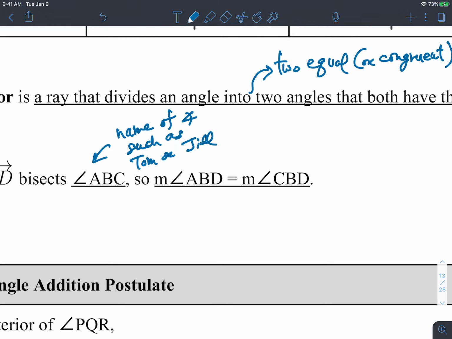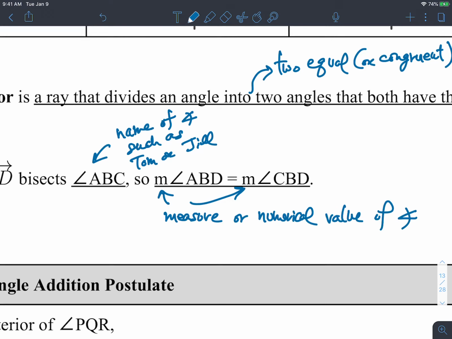Now this over here is an indication of a measure. That's why we use the letter M. It might be a numerical value, the value of an angle. In the case of people, it could be Tom's or Jill's age, so it indicates a numerical value.